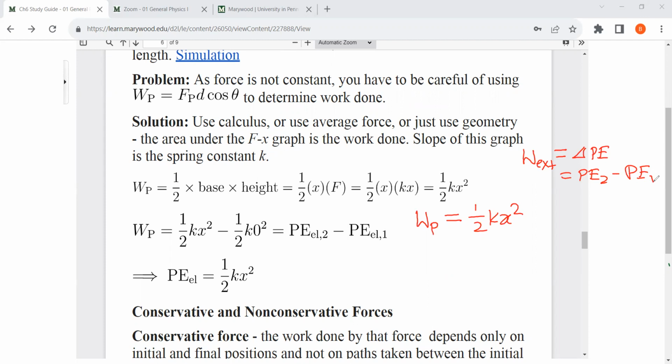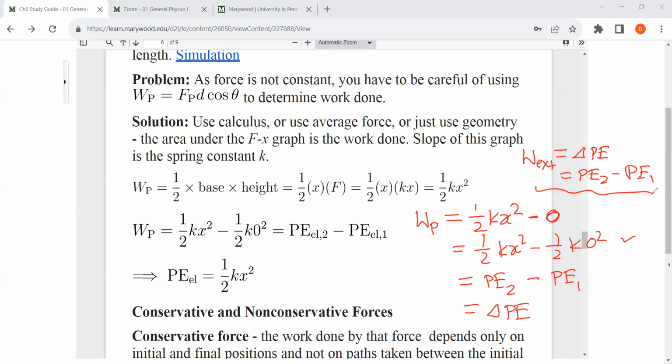I want to write this in a similar form. To do that, I can subtract zero, so I can also write something like k times 0 squared. Then I can write it as potential energy at the final position minus potential energy at the initial position, where x equals 0. You see that it is very similar to the equation we saw in the case of gravitational potential energy.